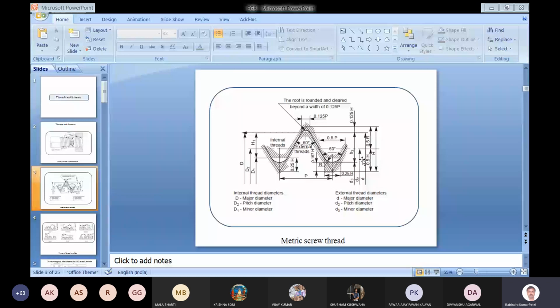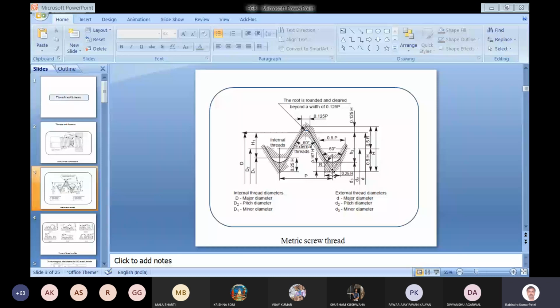H is given as this distance, meaning the distance between two apexes. Like here we can take this crest and this root.